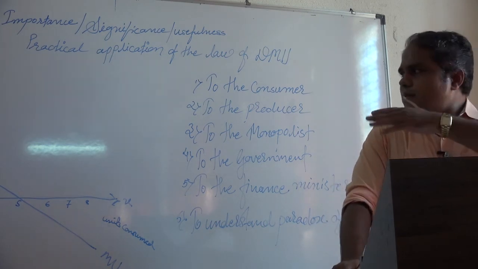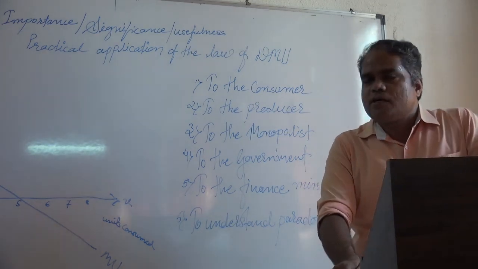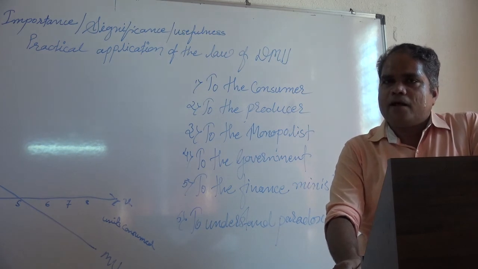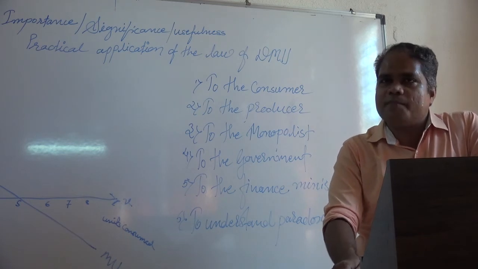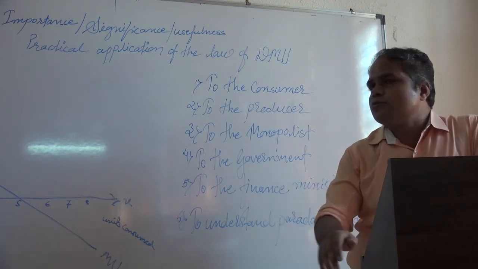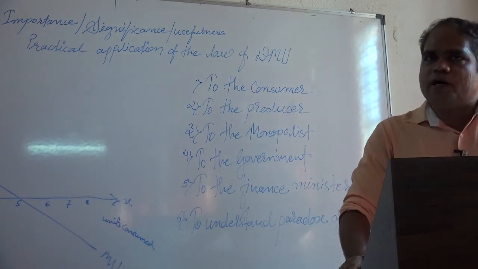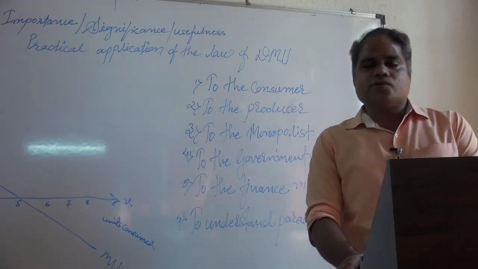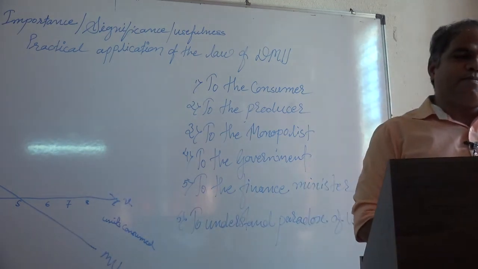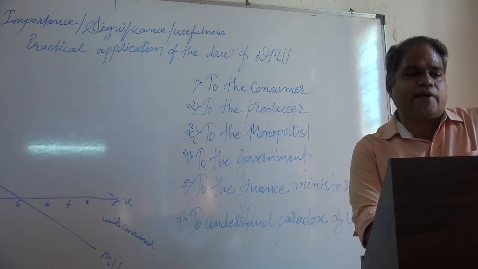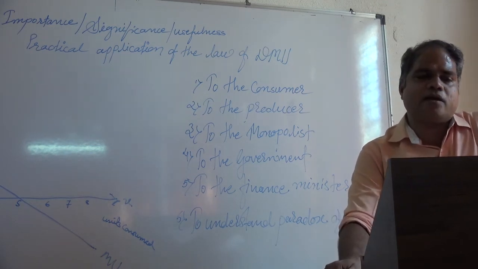With the explanation of the law of diminishing marginal utility, the government can impose high taxes on the rich people, and the collected tax amount is diverted to the benefit of poor people. Then it is also helpful to the finance minister. The law of diminishing marginal utility guides the finance minister to frame the progressive taxation policy. It helps to reduce economic inequalities.